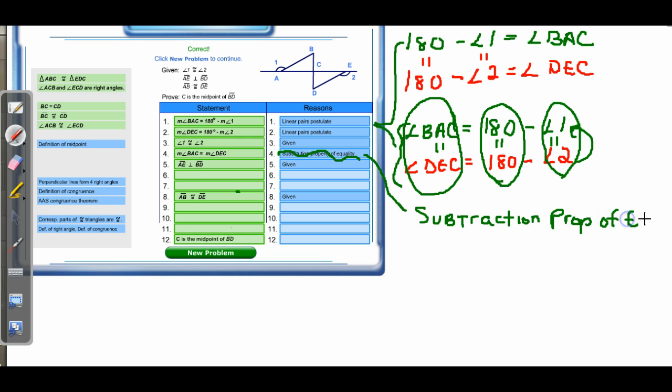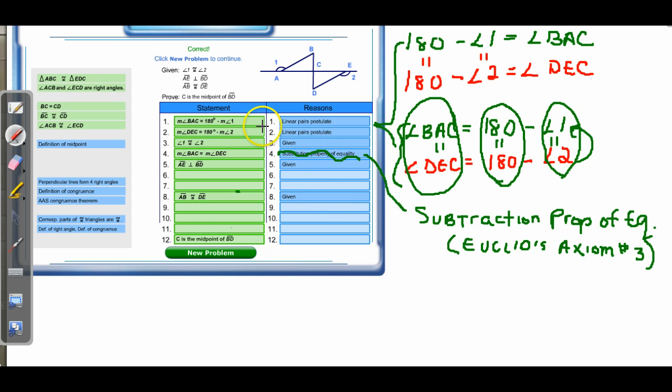I think that's easier to see. And that's Euclid's axiom. That comes straight from Euclid's axiom number 3.